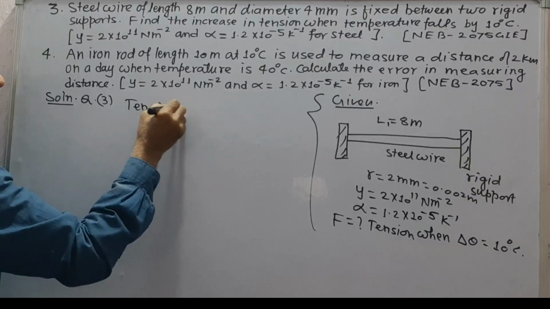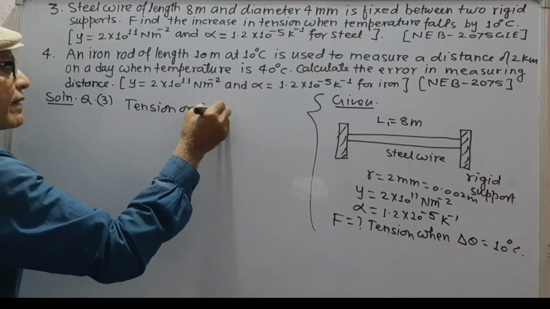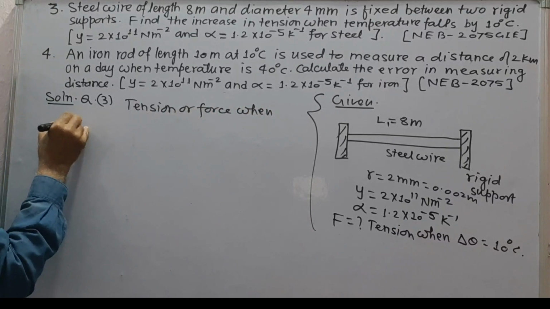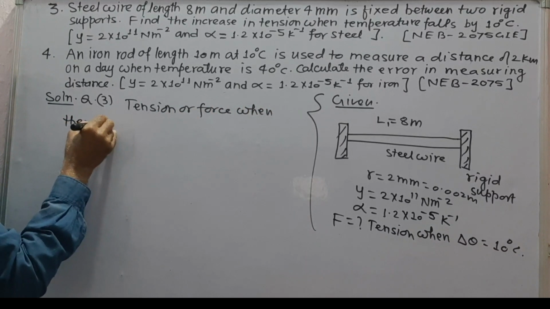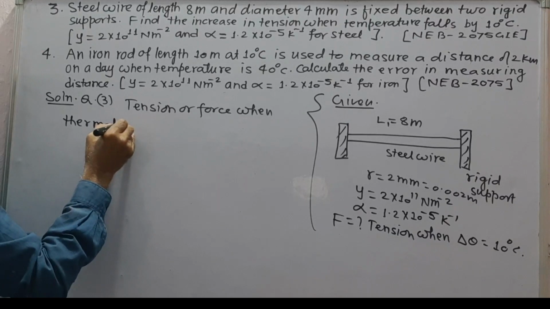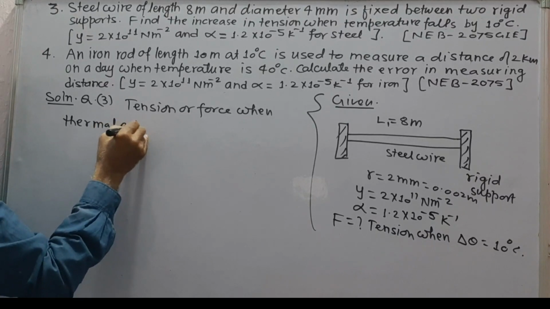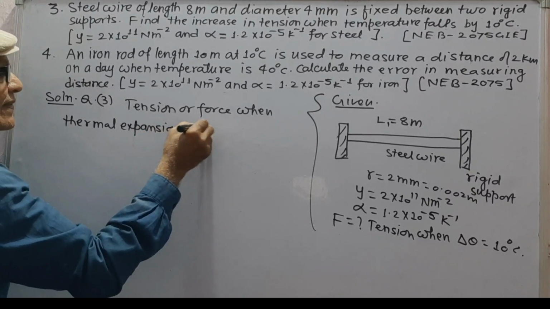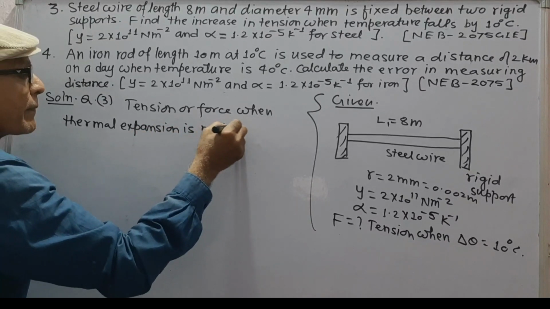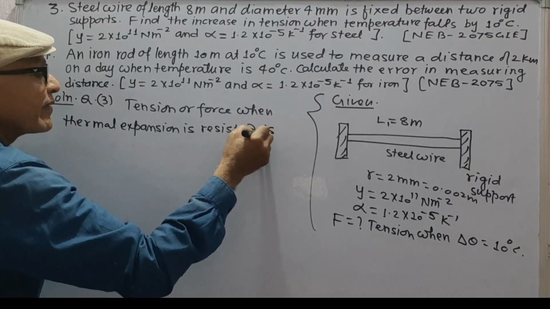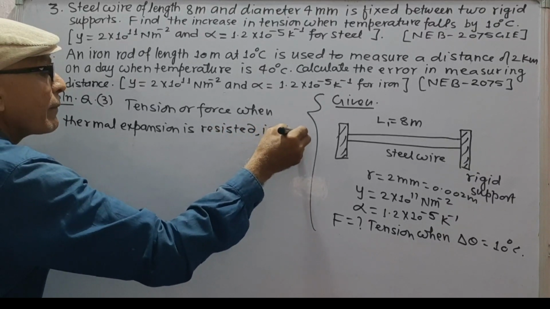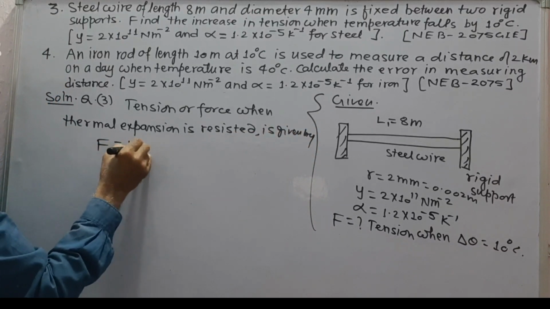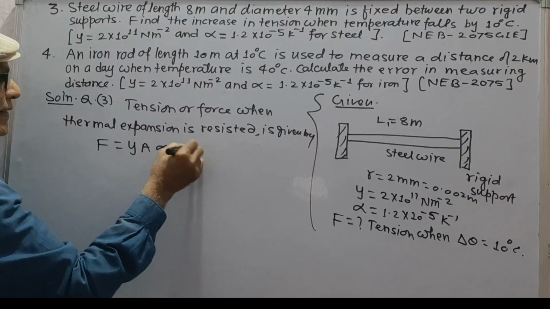Tension or force when thermal expansion is resisted is given by F is equal to YA alpha delta theta.